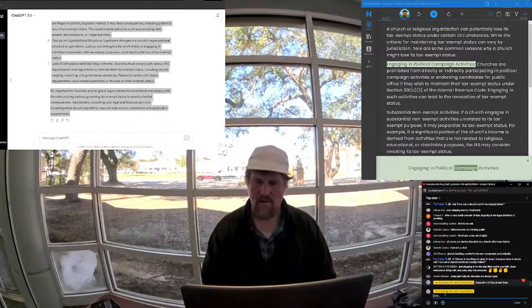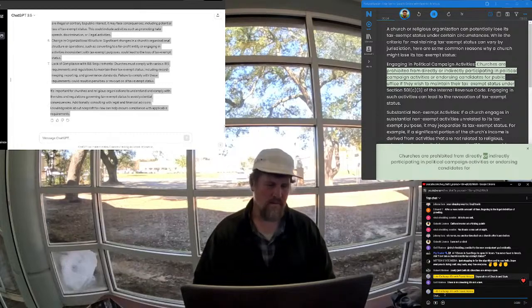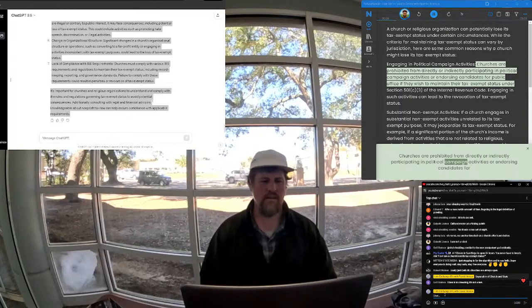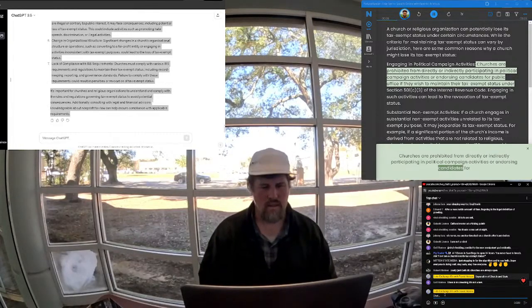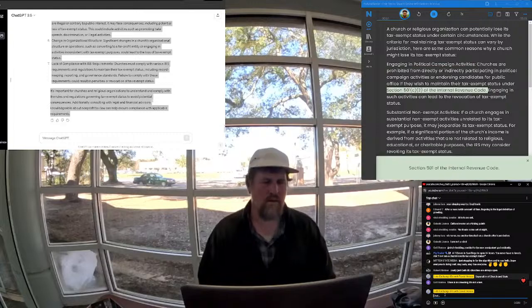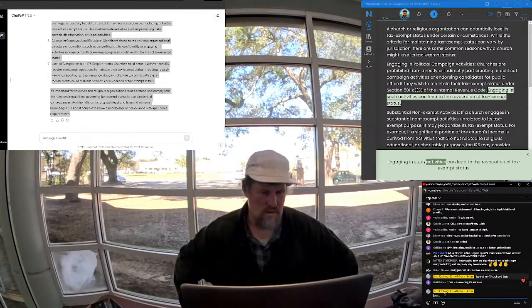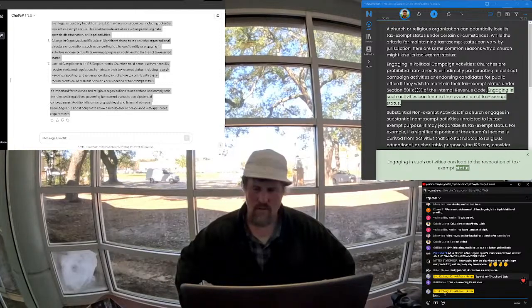Engaging in political campaign activities. Churches are prohibited from directly or indirectly participating in political campaign activities or endorsing candidates for public office if they wish to maintain their tax-exempt status under Section 501 of the Internal Revenue Code. Engaging in such activities can lead to the revocation of tax-exempt status.